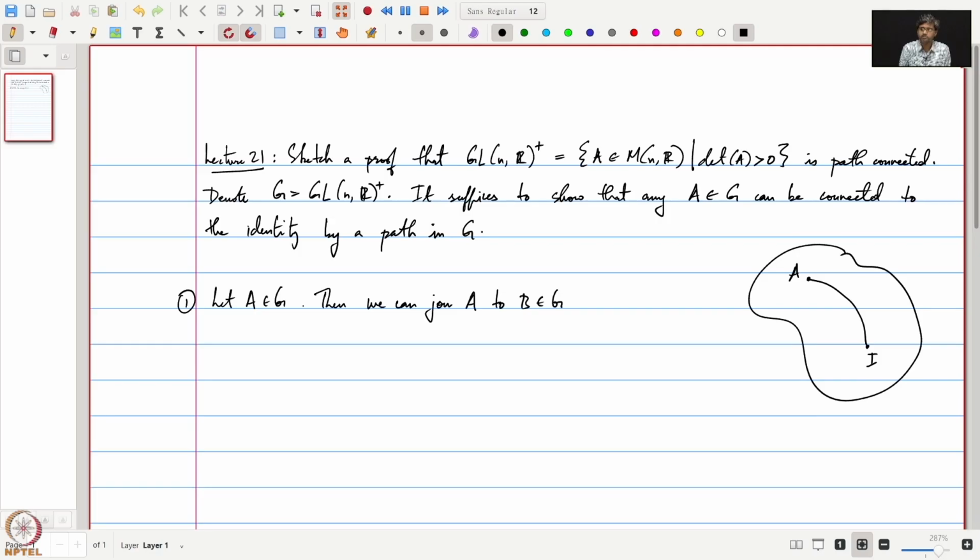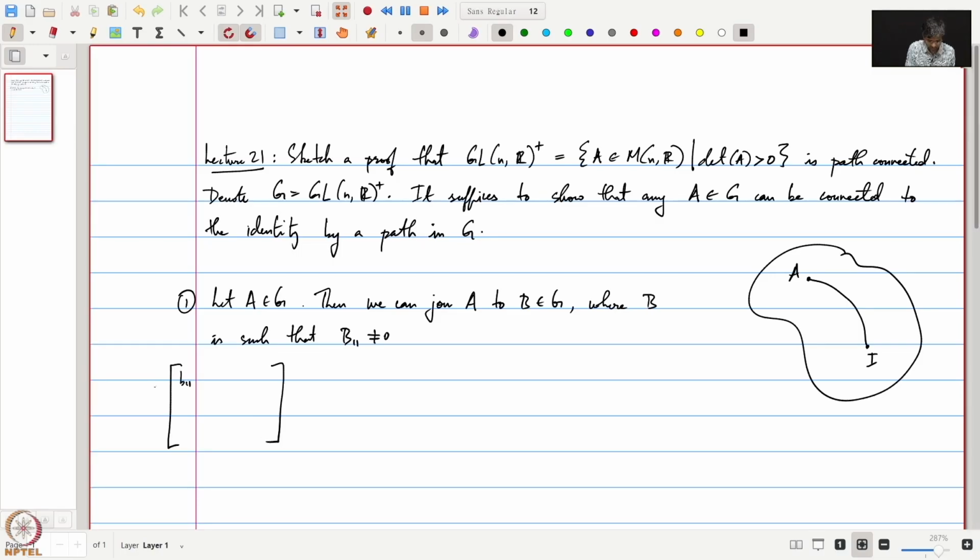When we say join A to B in G, we always mean join by a path which is completely contained inside G, where B is such that B11, the first entry, is non-zero.